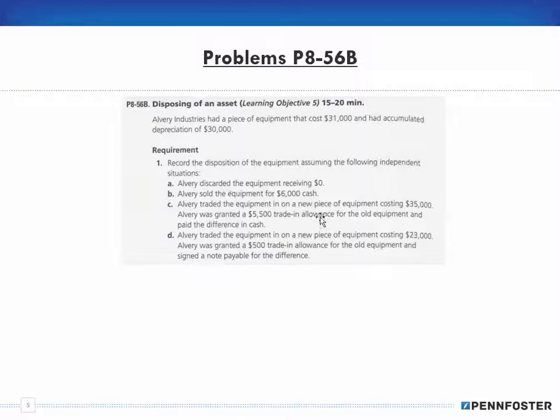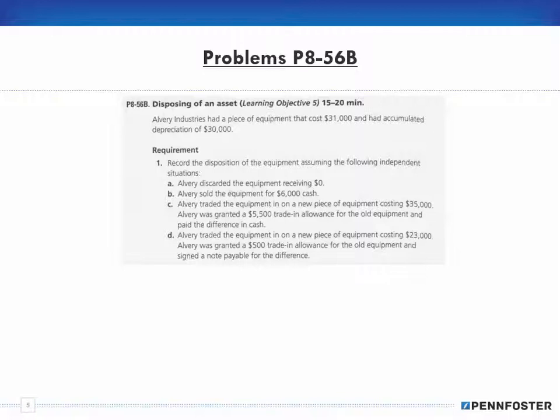C, Alvery traded the equipment in on a new piece of equipment costing $35,000. Alvery was granted a $5,500 trade-in for the old equipment and paid the difference in cash. And D, Alvery traded the equipment in on a new piece of equipment costing $23,000. Alvery was granted a $500 trade-in allowance for the old equipment and signed a note payable for the difference.